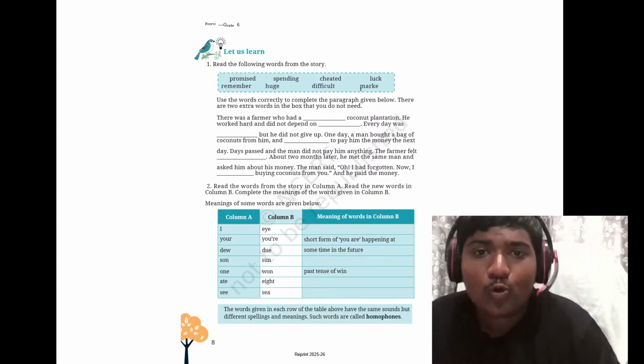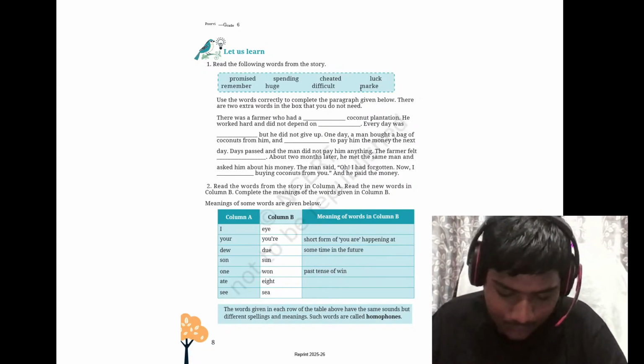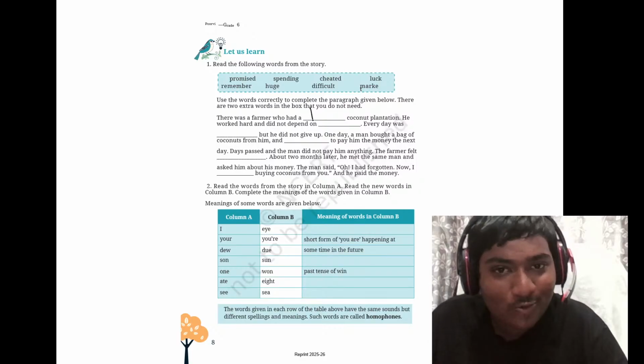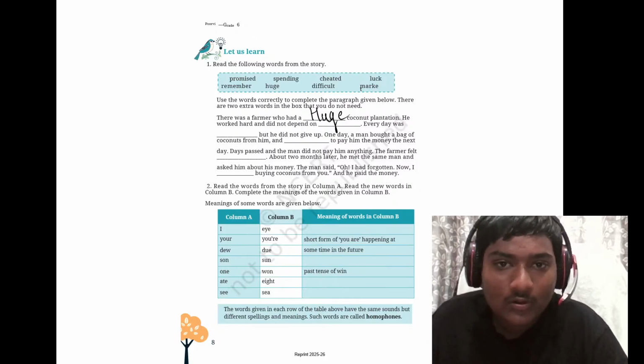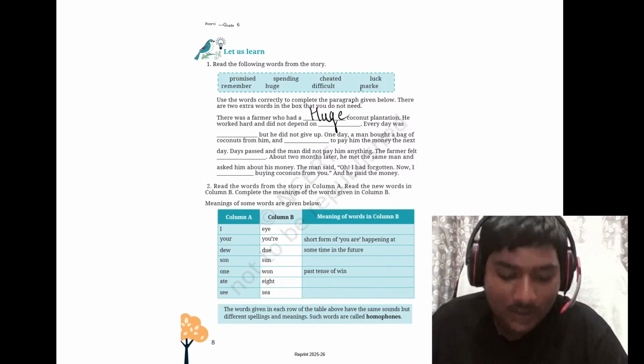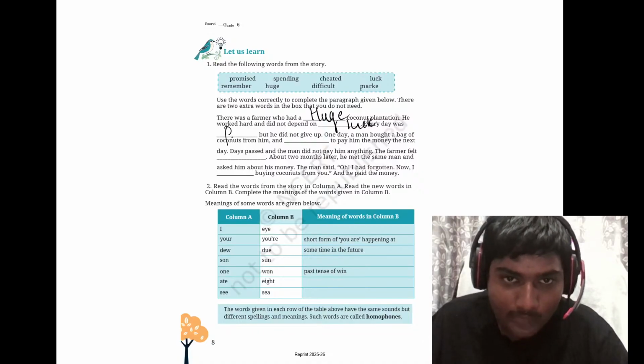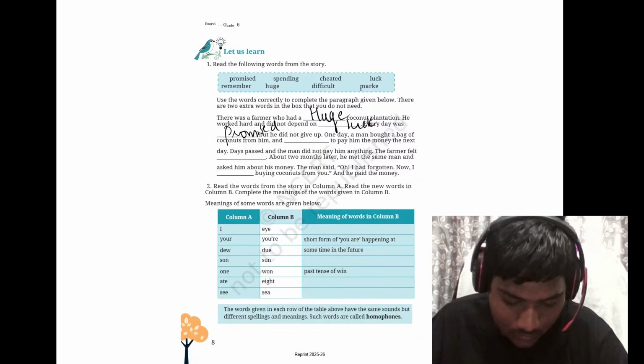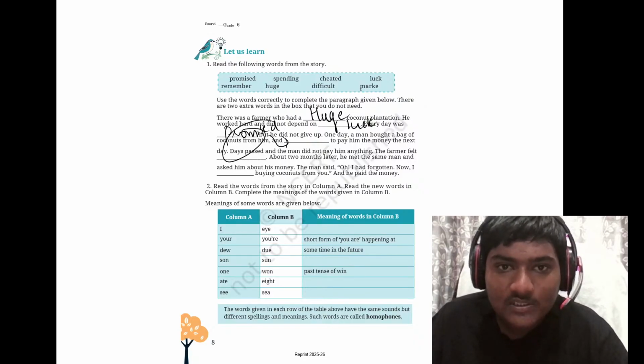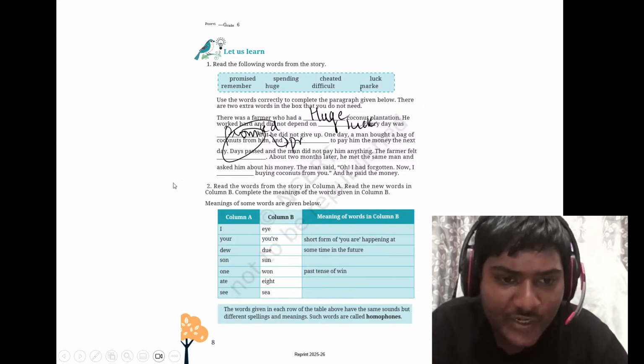There was a farmer who had a huge plantation. Depend on luck, promised. No, sorry, promised comes here. Wait.